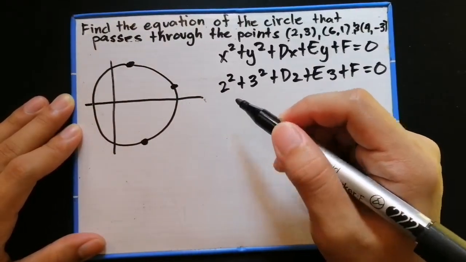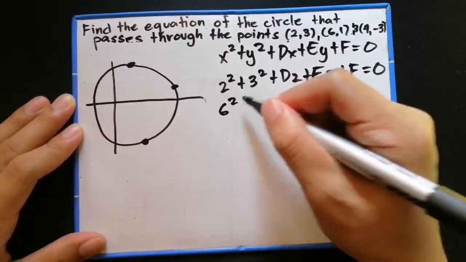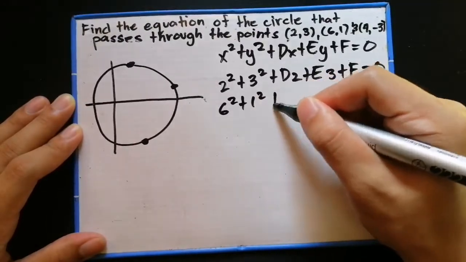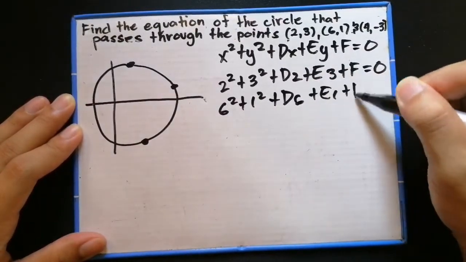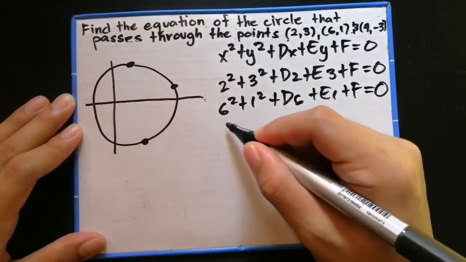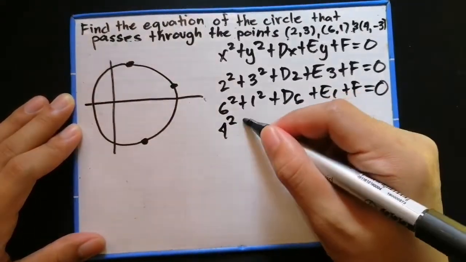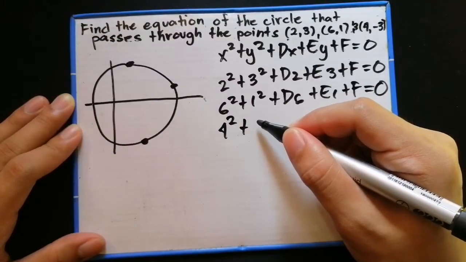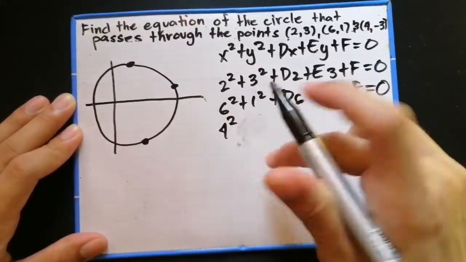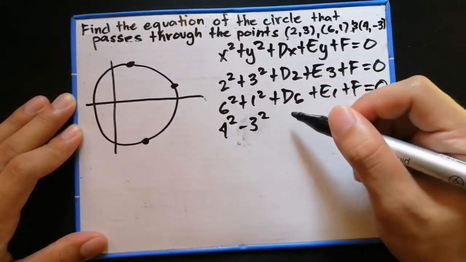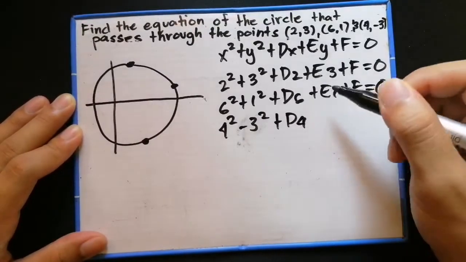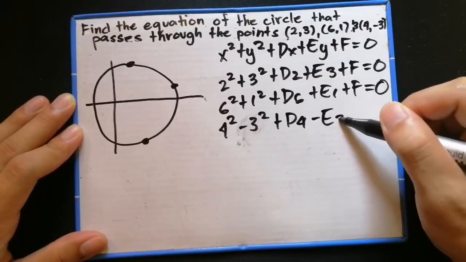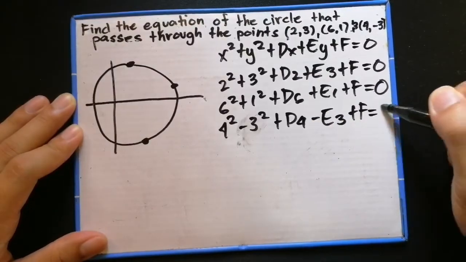The next equation would be 6 squared plus 1 squared plus D(6) plus E(1) plus F is equal to 0. Next one is 4 squared plus (-3) squared plus D(4) minus E(3) plus F is equal to 0.